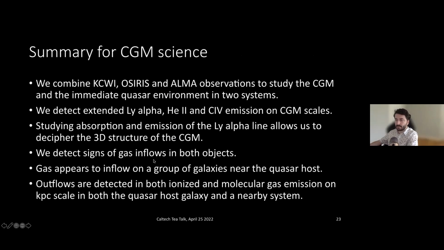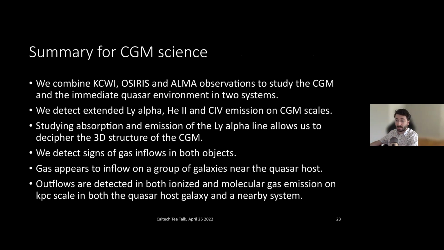All right, so just to summarize the circumgalactic medium science that I wanted to highlight in the talk. We combine KCWI, OSIRIS, and ALMA observations to study the circumgalactic medium and the immediate quasar environment. In two systems, we detect extended Lyman alpha emission, helium-2 and carbon-4, again on CGM scales. And then studying the absorption and emission profile of the Lyman alpha line allowed us to decipher the 3D structure of the CGM.